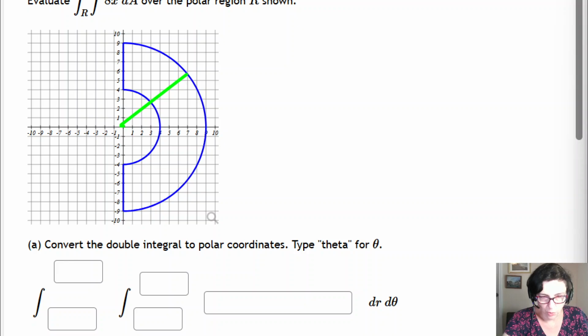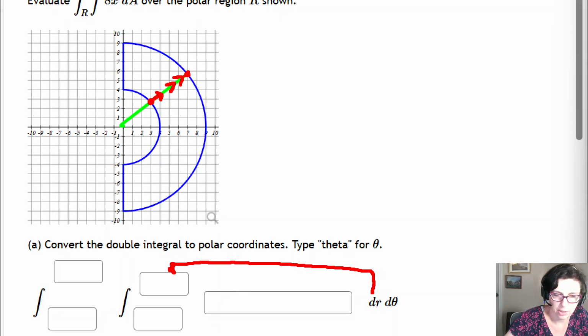So if you're over here, that's how your r is going to change. You're moving along, and then when you're on the boundary, your r will be 9, and when you're over here, your r is 4. So r, which is going to be your inside limits, because these are r limits, is going to be from 4 to 9.